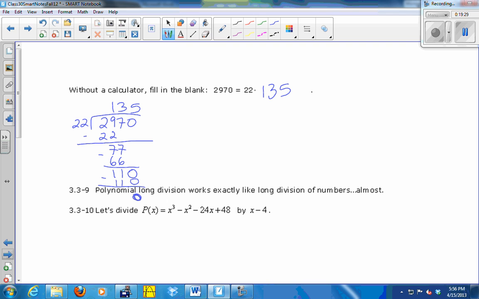All right, so polynomial long division works exactly like long division with numbers, almost. So if you can do this, you can do polynomial long division. Just have to make a couple small adjustments.